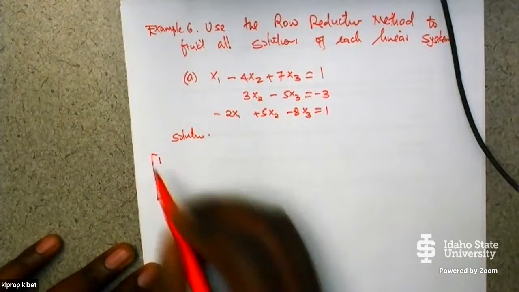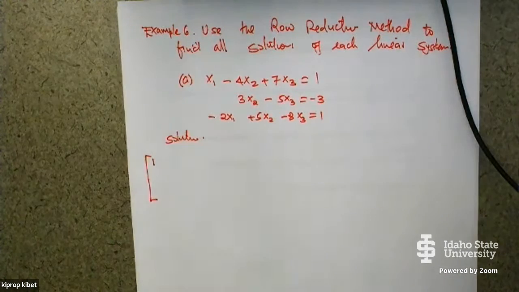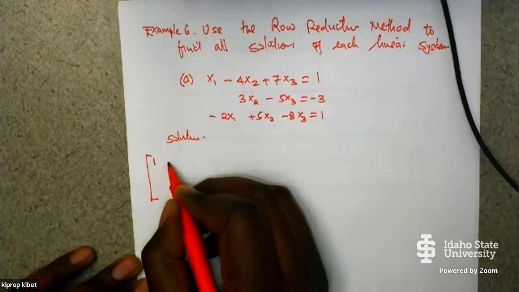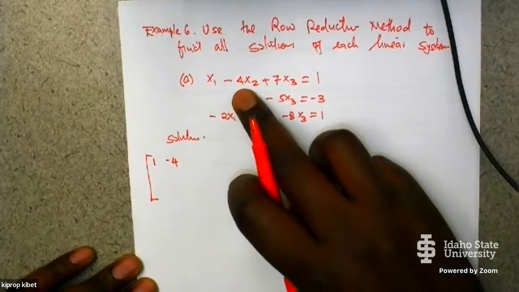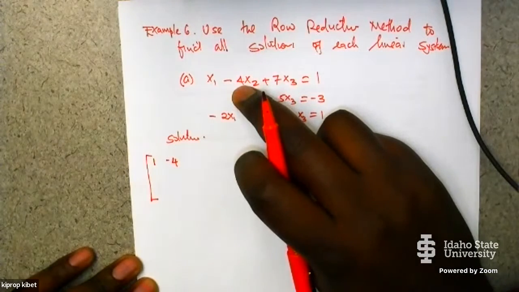We start by writing the coefficient matrix, and then the augmented matrix. The coefficient matrix will be 1, -4, 7. Also, make sure you check the signs here.